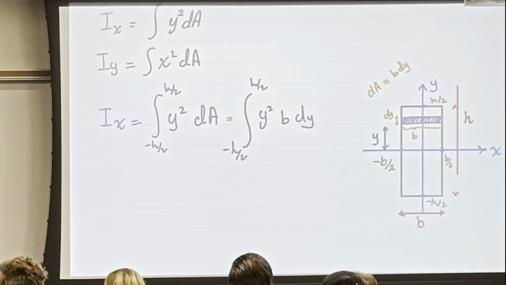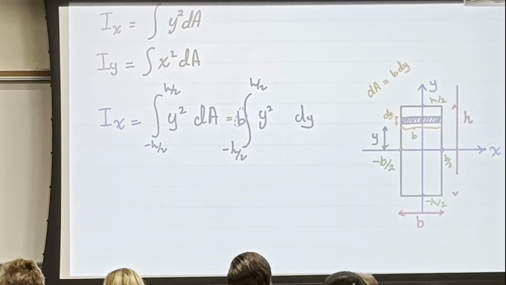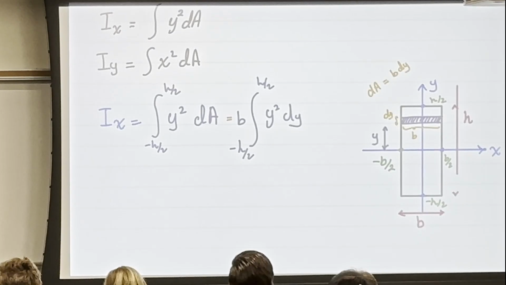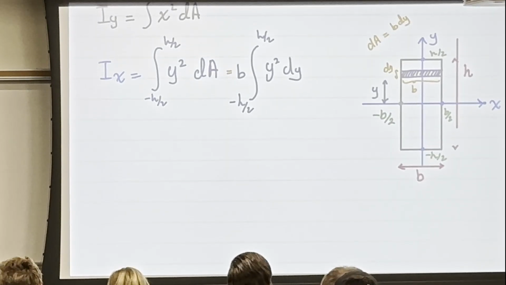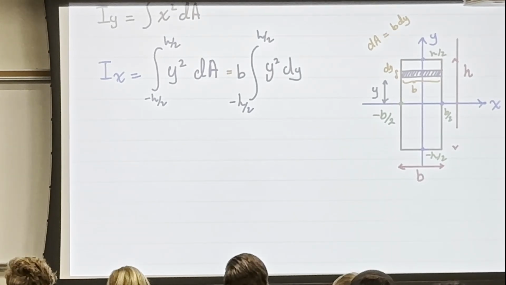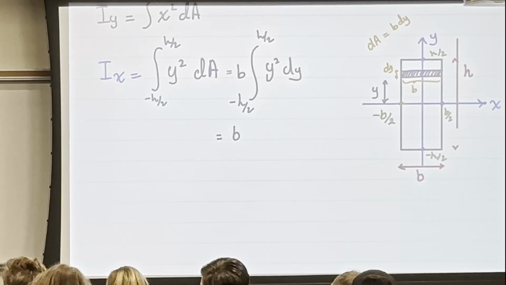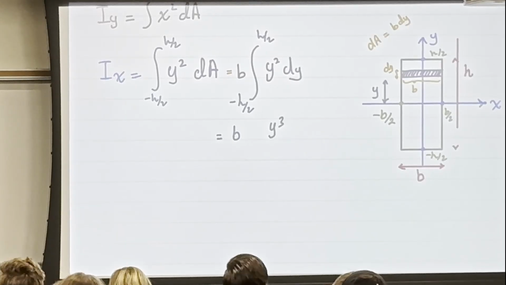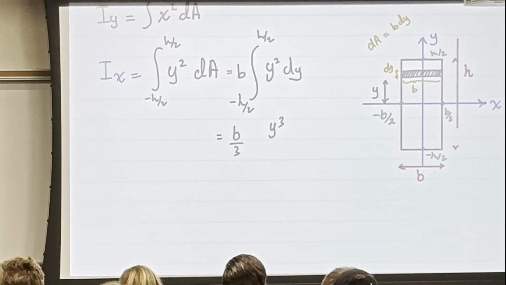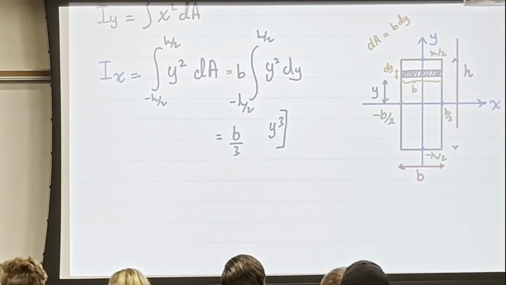But since b here is a constant, I'm just going to take it out of this integration. And if you remember, when we integrate something, we raise the power and we divide over the new power. Therefore, I will have b times y power 3 over 3. But again, 3 is also constant, so I will put the 3 outside. And the limit of integration here is from negative h over 2 to h over 2.